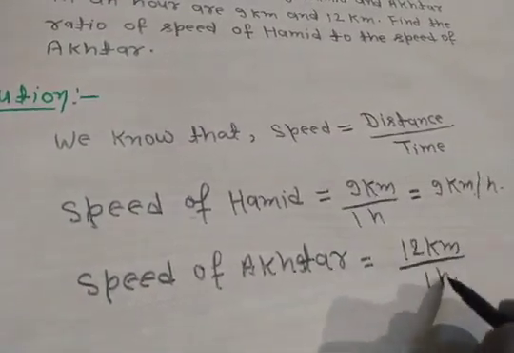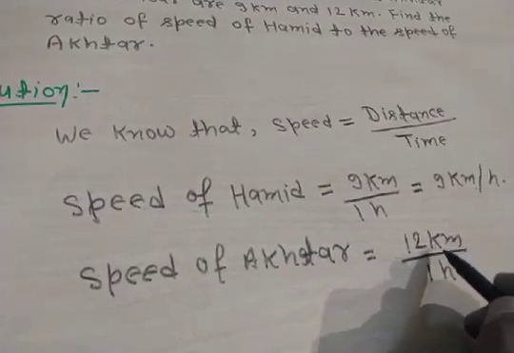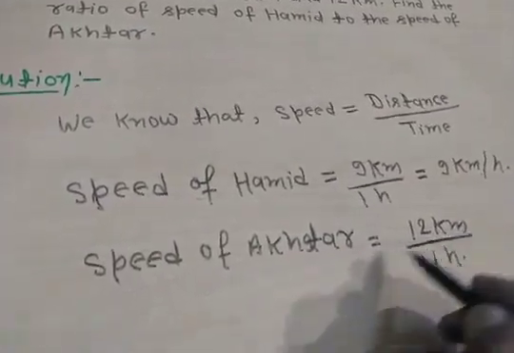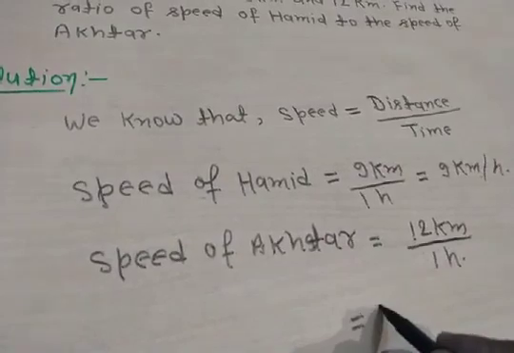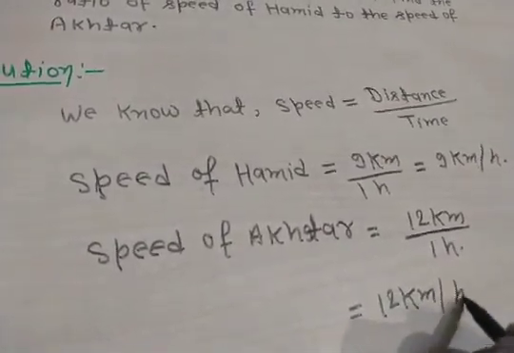Distance upon time. This is the distance traveled by Akhtar in 1 hour, 12 km. So speed is equal to 12 km per hour.